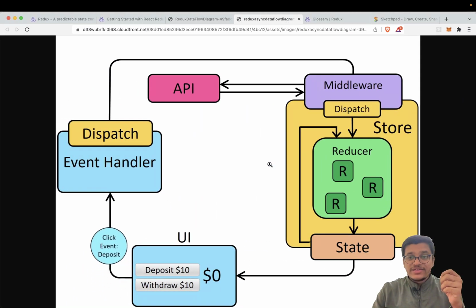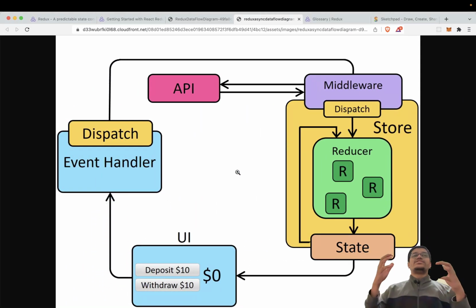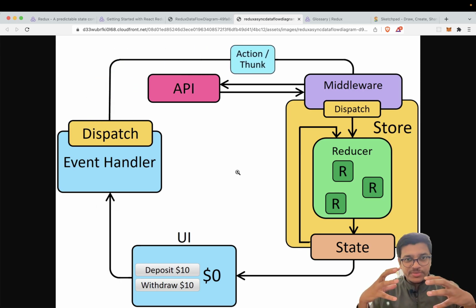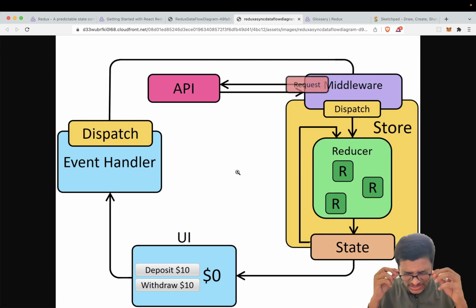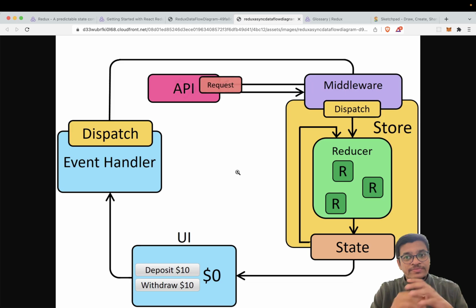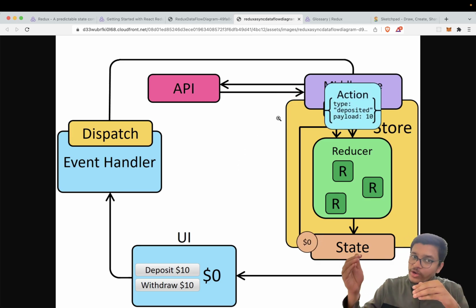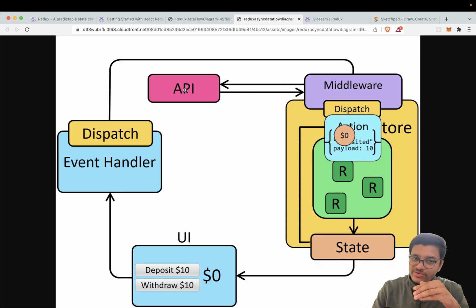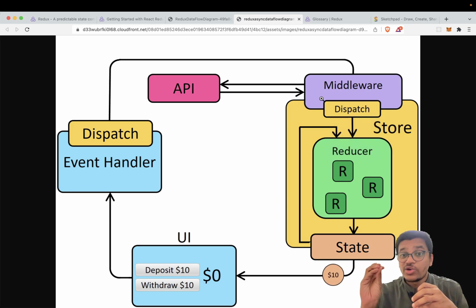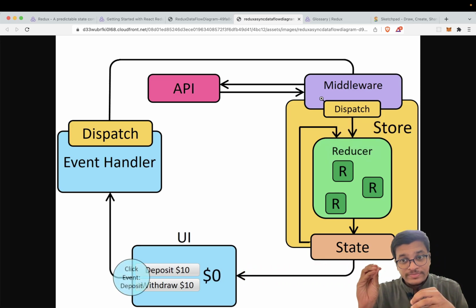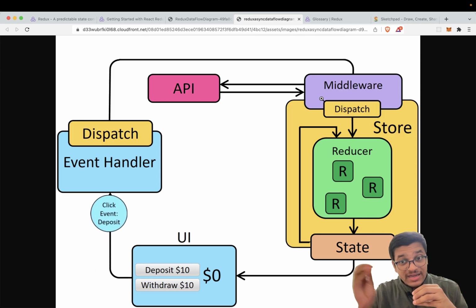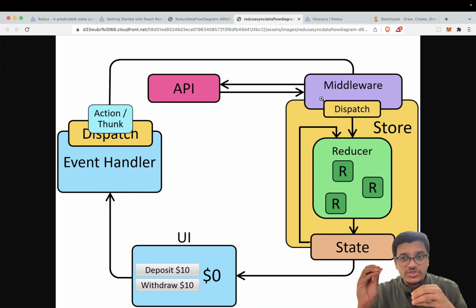For that, you need to use fetch calls, or if you are from a React background, you know there is something called Axios. But in this architecture, where will you call that? Going to the server and coming back is an asynchronous process.